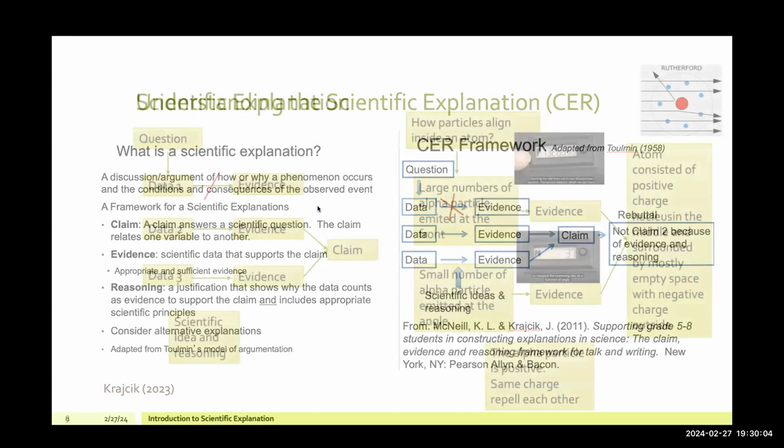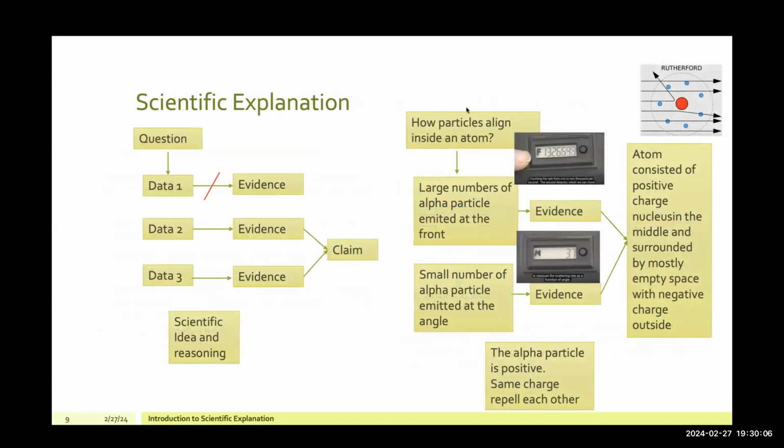So from Rutherford's experiment, you can see that the question Rutherford might have is about how particles align inside an atom. He collected a lot of data. Some of the data that could be his evidence is the large number of alpha particles emitted at the front of the sensor, and some small numbers of alpha particles emitted at an angle of the sensor.